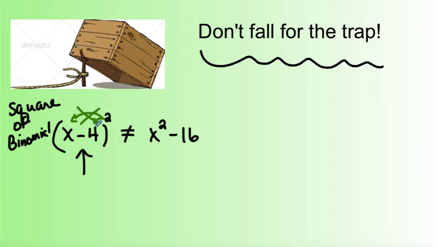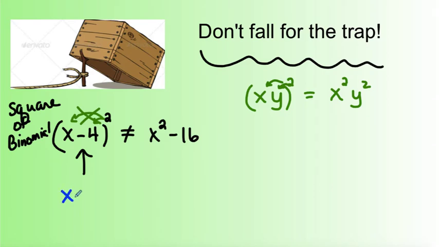You are not allowed to do that. The laws of exponents apply to multiplication. So if I gave you xy quantity squared, those two quantities are being multiplied inside the parentheses. So that would be x squared, y squared, where you do distribute the two. But not here. We have to remember that x minus 4 squared means x minus 4 times x minus 4.